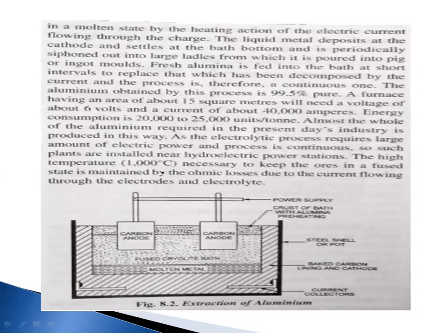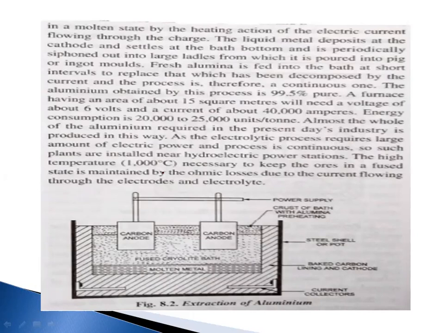The liquid metal deposits at the cathode and settles at the bath bottom and is periodically siphoned out into large ladles from which it is poured into pig or ingot molds. Fresh alumina is fed into the bath at short intervals to replace that which has been decomposed by the current, and the process is therefore a continuous one.